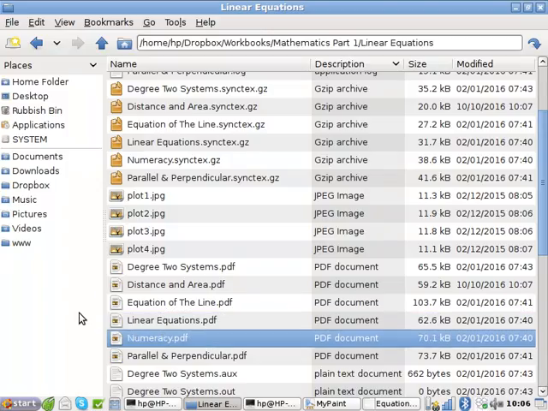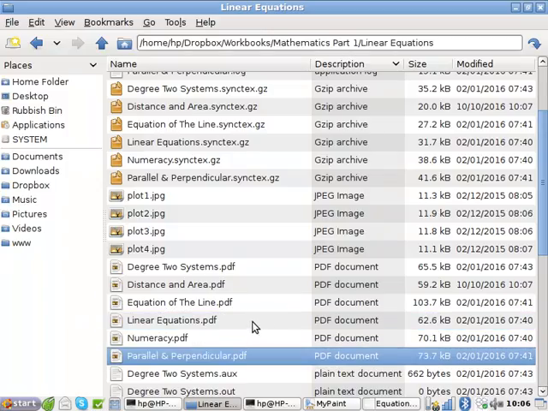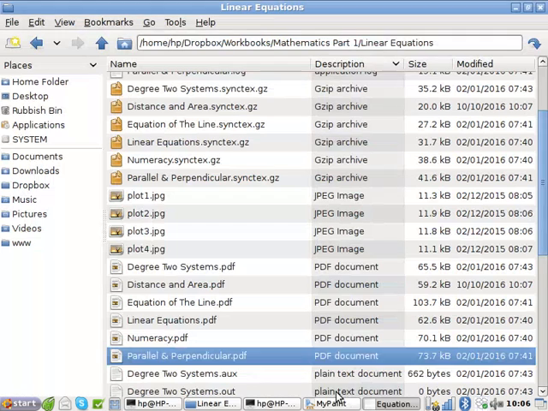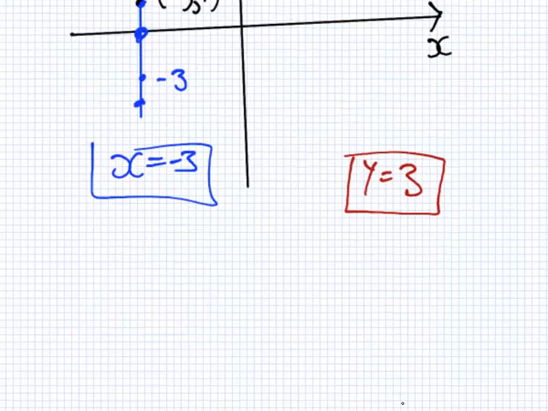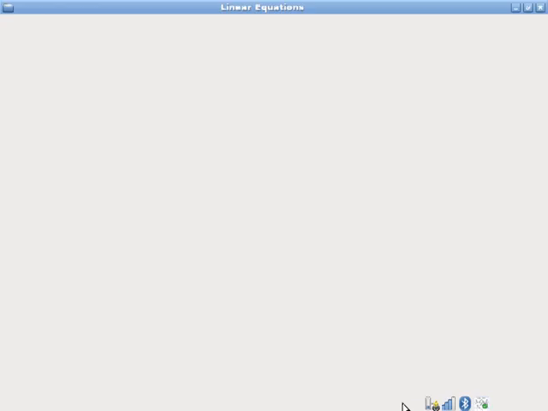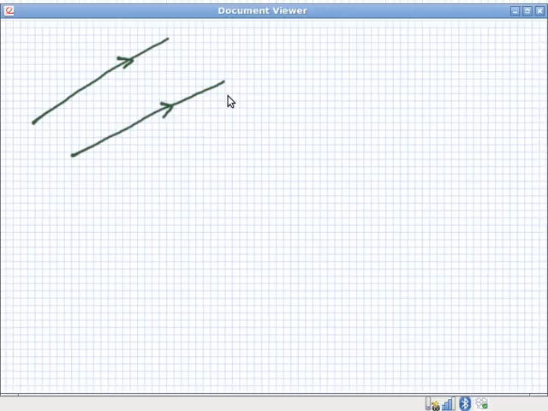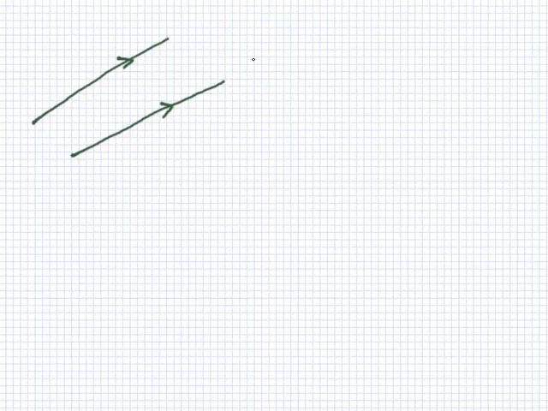Next, we're going to continue talking about lines. Right, so tell me, what's special about these lines? Why are they special?